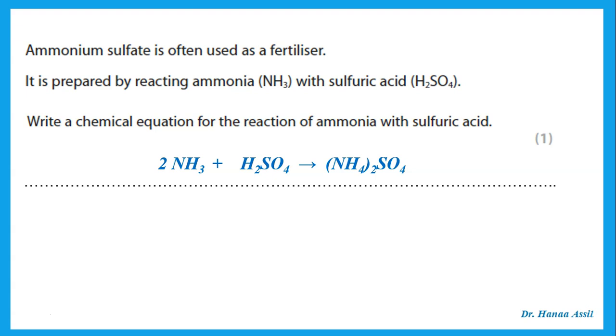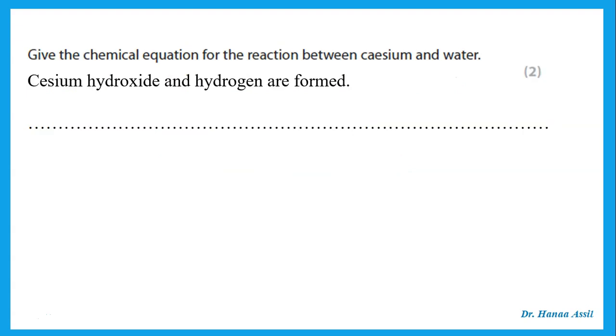I need 2 nitrogens before the arrow. If you check the hydrogens, now after the arrow I have 2 times 4, that's 8 hydrogens. Before the arrow I have 2 times 3, that's 6, plus 2, 8, and 1 sulfur and 4 oxygen, so it is balanced.